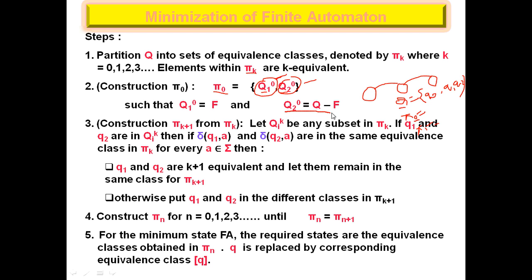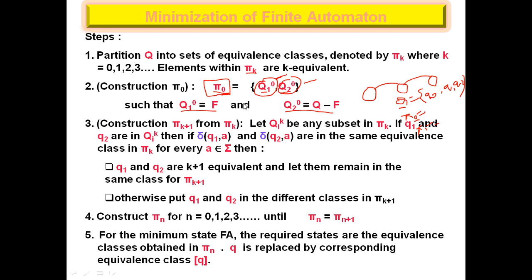That is written here itself. You can see here, the final states belong to Q1 0. These are the 0-equivalence classes, because the nature of the states in this Q1 0 is similar, and that's why it is known as the equivalence classes method. Equivalence in what terms? In terms of having the same nature for a single kind of input. So this is how we make pi 0.